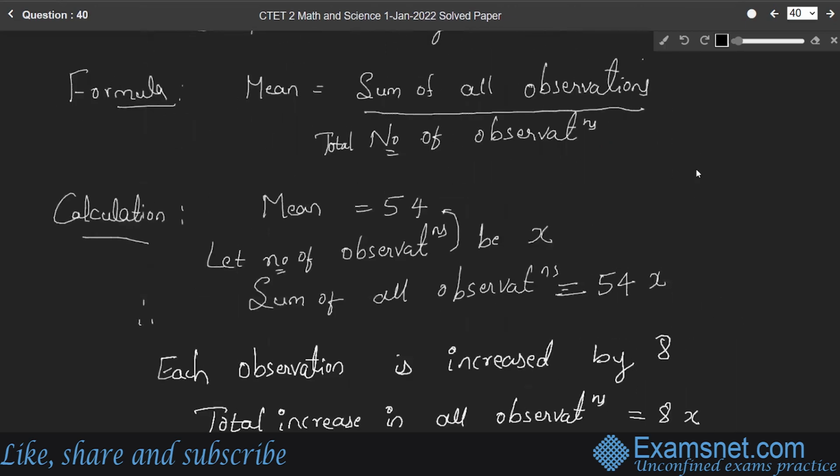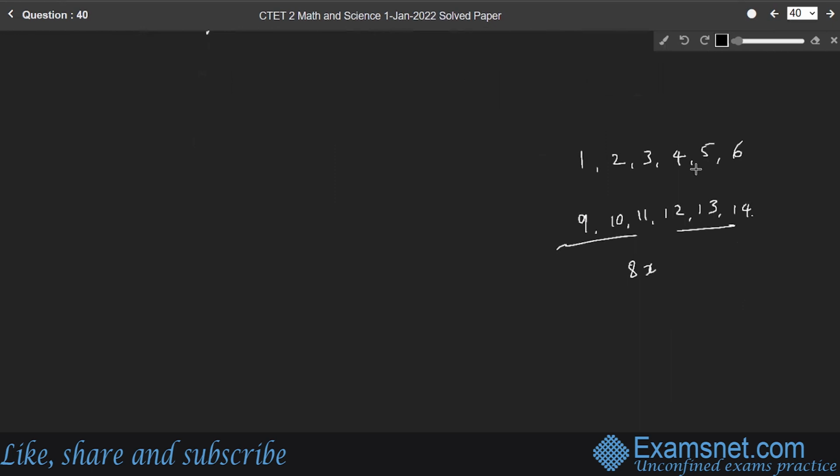What is x here? Number of observations. That is 6. So 8 into 6, that is 48. You can count. Instead of 1, here we are writing 9, so increase in 8. And here 8. 8 plus 8, 16, 24, 32, 40, and 48.